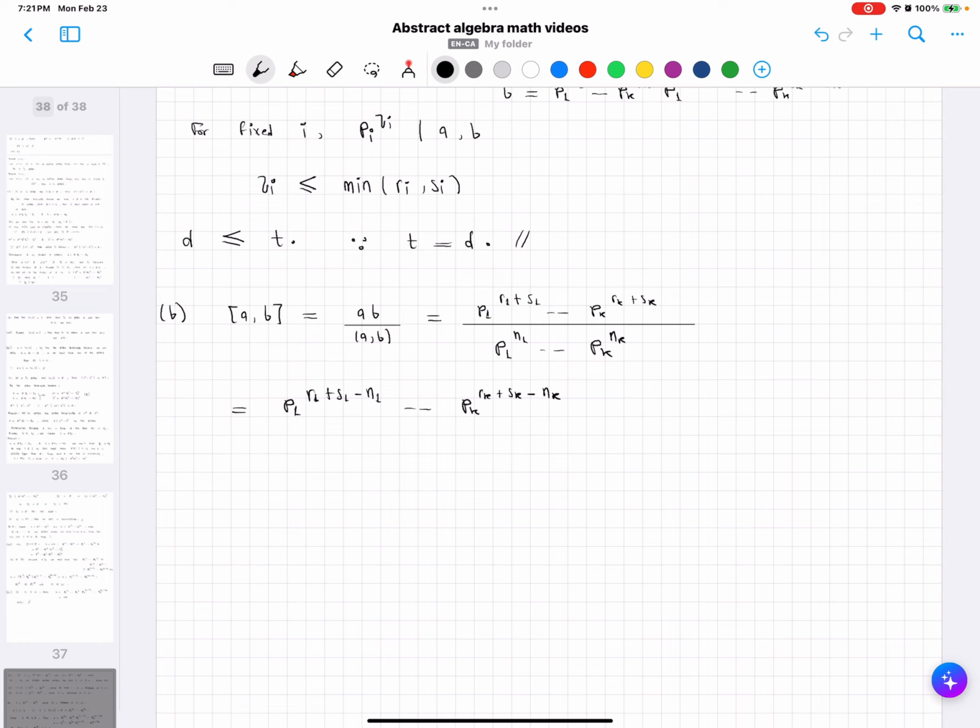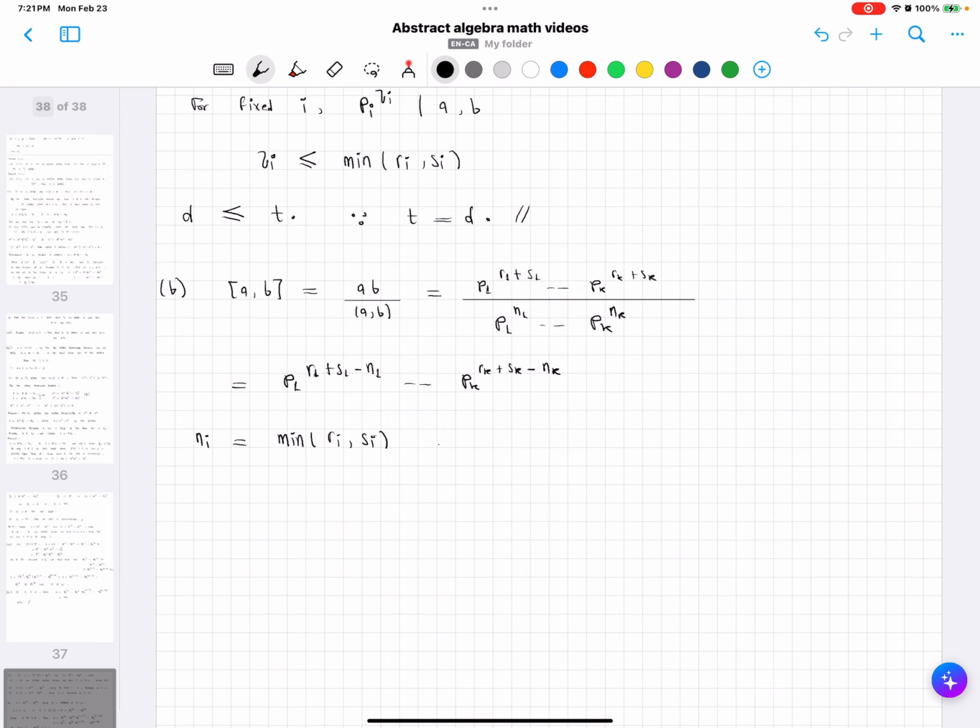So what is that? Here we get that Ni is the minimum of Ri and Si.